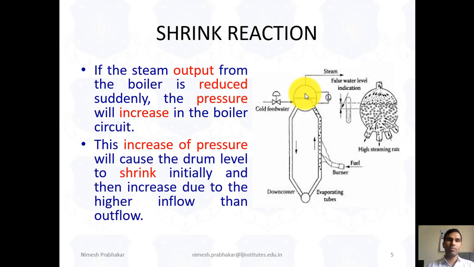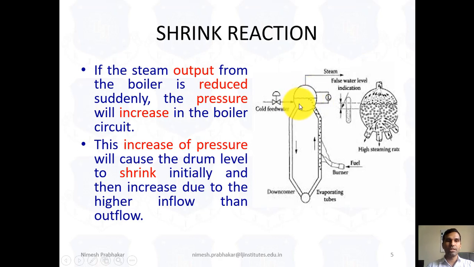This increase of pressure will cause the drum level to shrink initially. That means due to the increase of pressure inside this tank, a shrink effect occurs in the water. The water level indicator shows a low water level, not the actual water level but a slightly low level inside this drum.